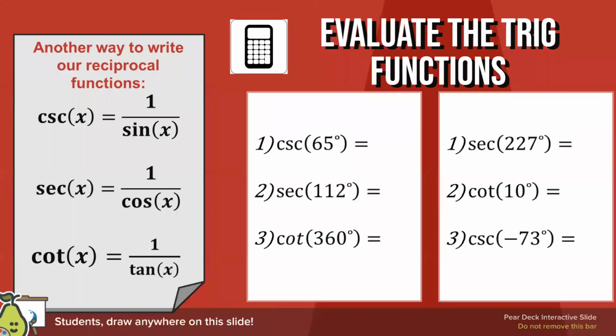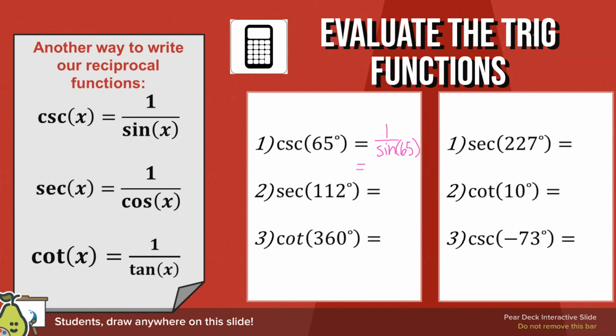So evaluate the trig functions of cosecant of 65 degrees, secant of 112, cotangent of 360. I want you to first represent it in terms of the reciprocal, and then use your calculator to find that approximation. So for example, cosecant of 65 degrees is 1 over sine of 65 degrees.